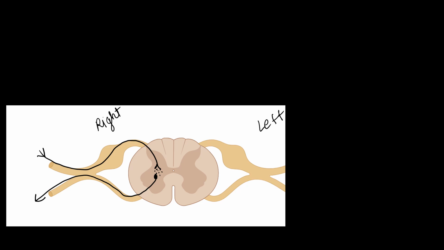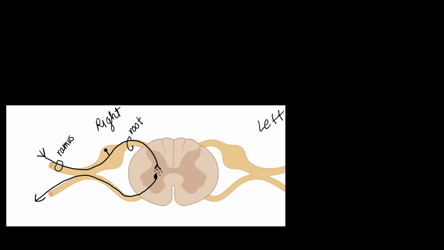So I have a unipolar sensory neuron here with its cell body in the dorsal root ganglion. I have the unipolar sensory neuron coming in the dorsal ramus, going through the dorsal root ganglion, going through the dorsal root, and then coming into the gray matter to synapse with another neuron.